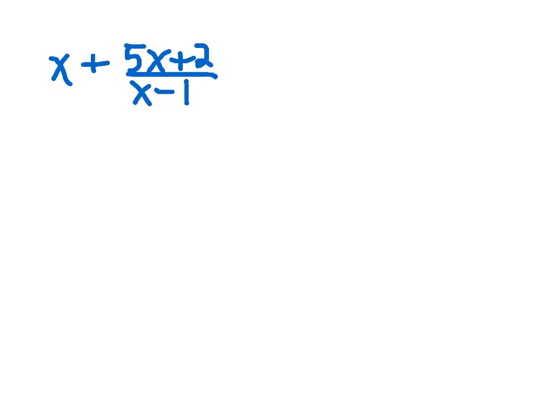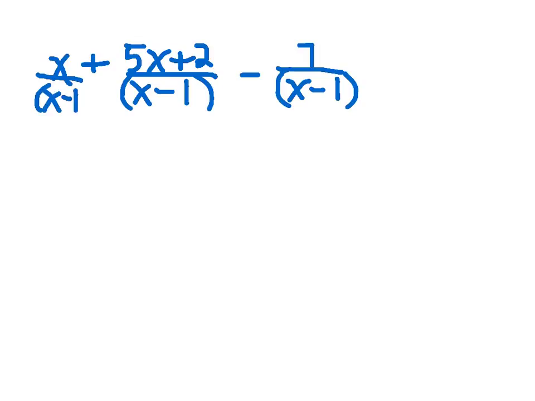In its full glory, these problems look like x plus 5x plus 2 over x minus 1 minus 7 over x minus 1. Clearly, if this denominator is over 1, it's missing x minus 1.